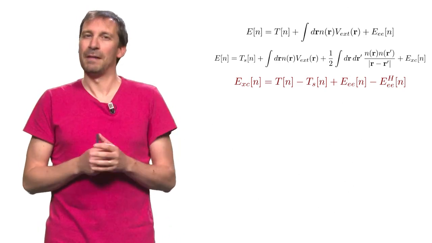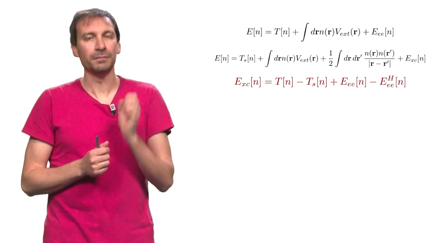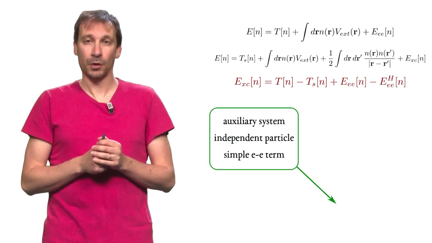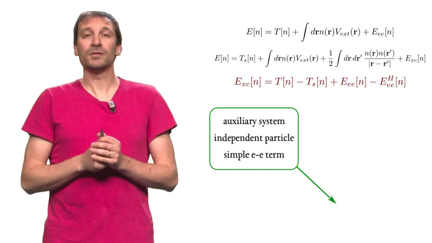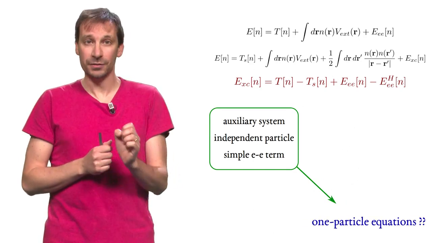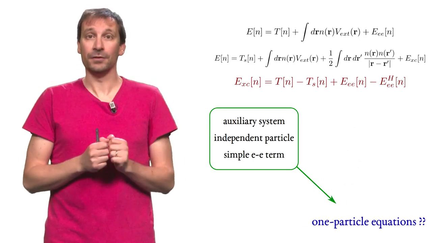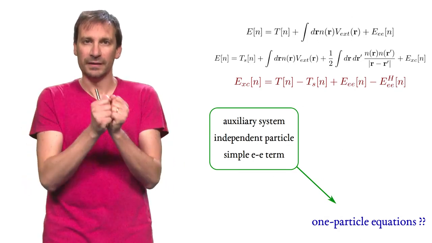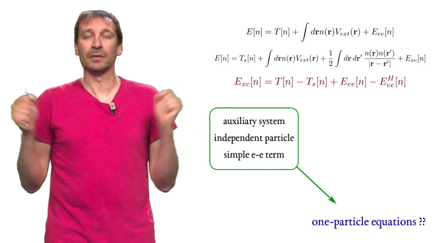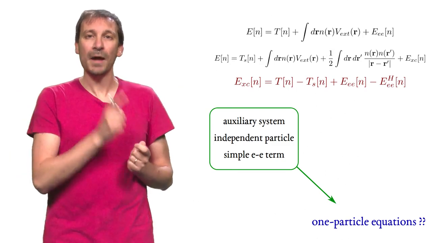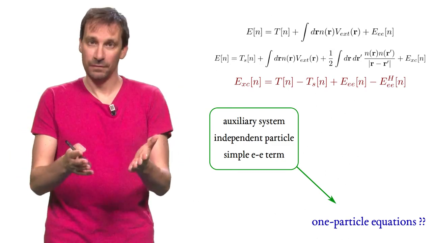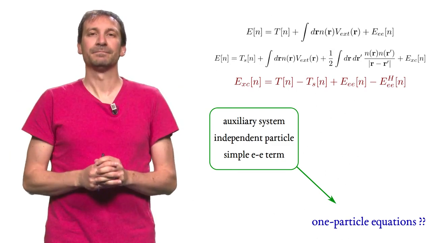But you might remember that one of the most important points of the Hartree approach, or Hartree-Fock, is to give us one-particle equations. So in the next video, we'll see how to push forward this reasoning of a non-interacting auxiliary system to obtain one-particle equations. And for the moment, I say goodbye.